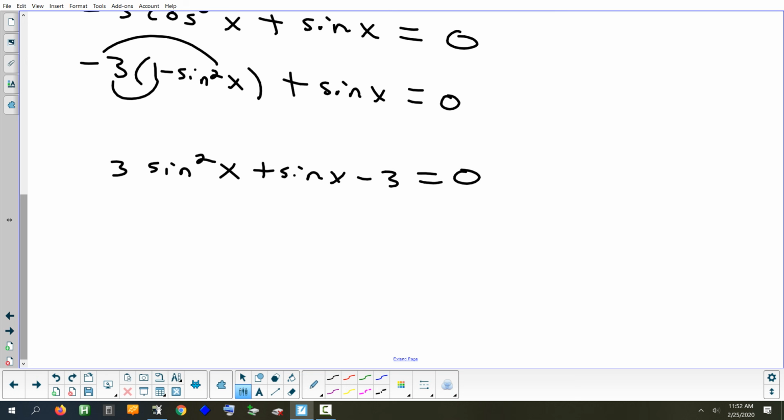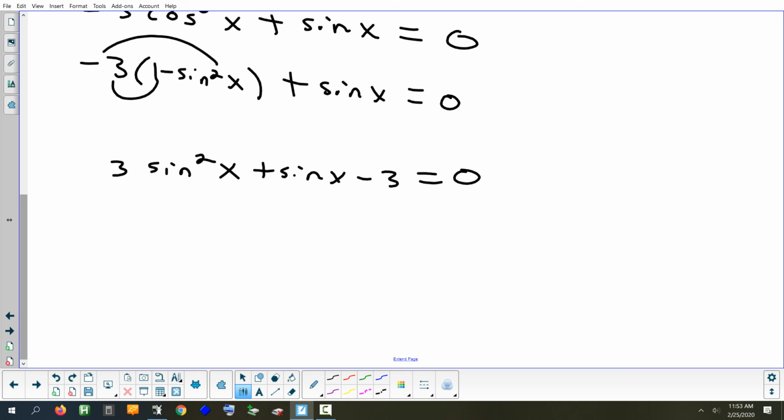Okay. Is that a quadratic? Yes. Perfect. It is a quadratic. Unfortunately, it doesn't factor. You can try really hard, but you're not going to be able to factor that with nice numbers. So if you can't factor a quadratic, what's the other way that you can solve it?